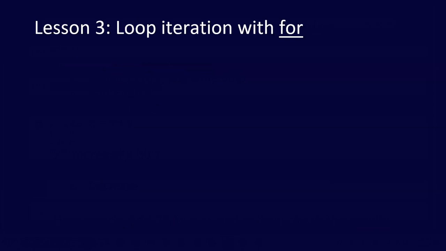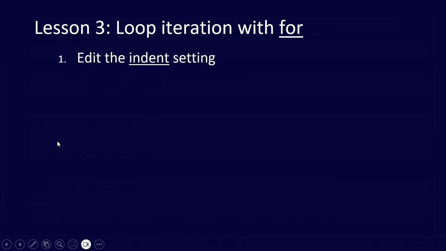Okay, lesson 3, loop iteration with for. Sometimes we want to do the same thing twice or three times, so we can do it using a loop. But before going there, let's do the environment check.